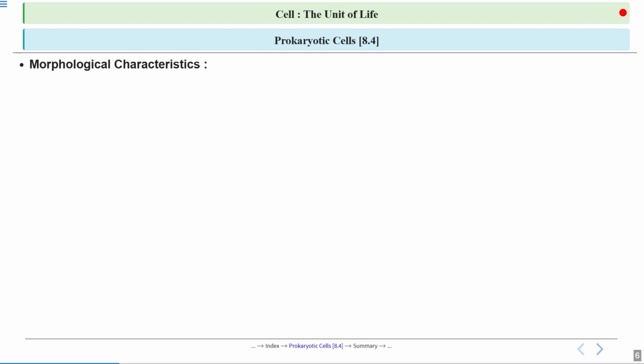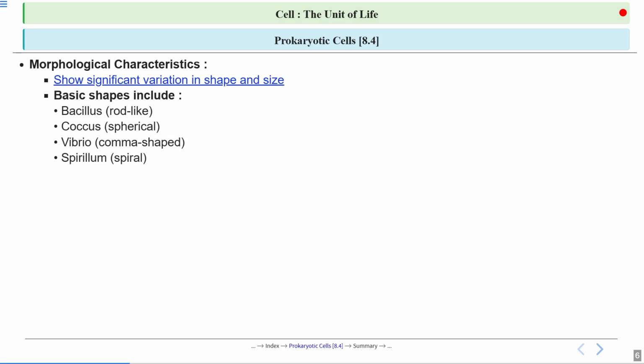Now next, morphological characteristics of the prokaryotic cell. They show significant variation in shape and size. Bacteria can be grouped into various categories. Now what are the different groups?